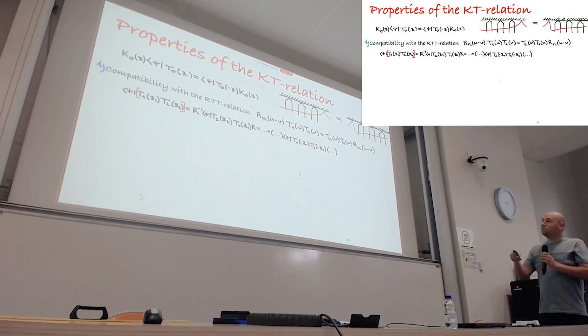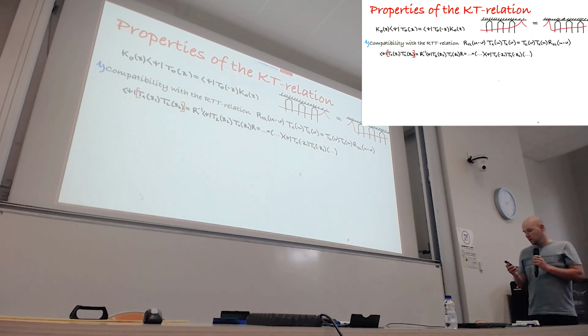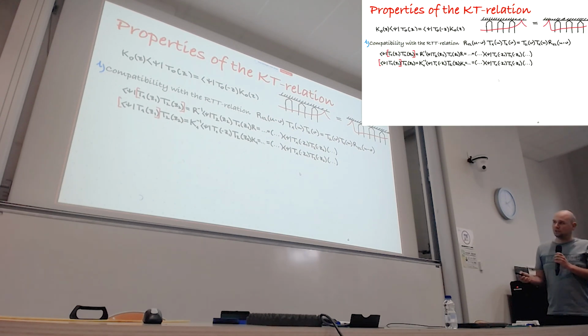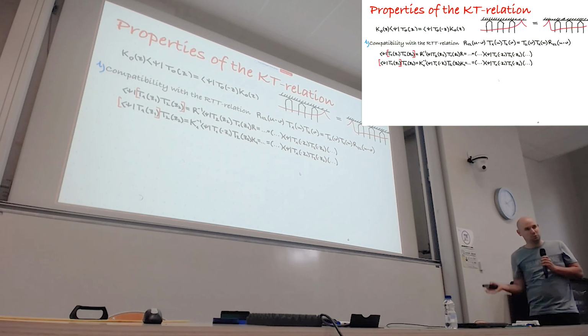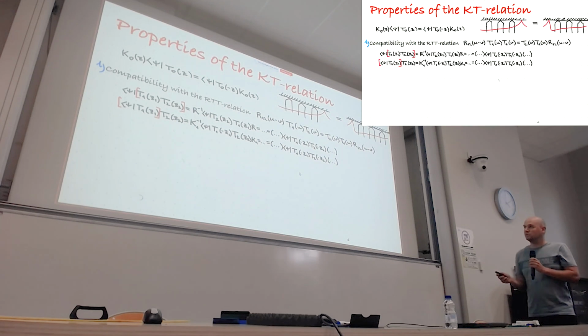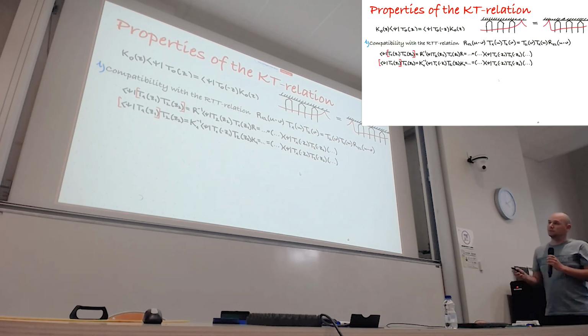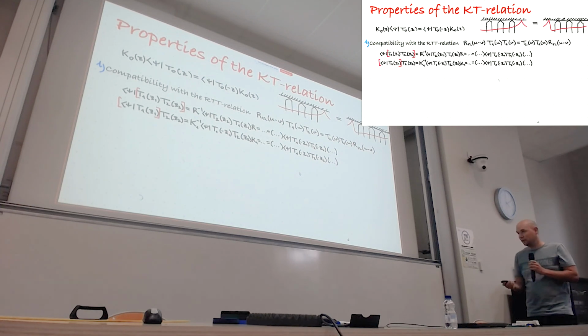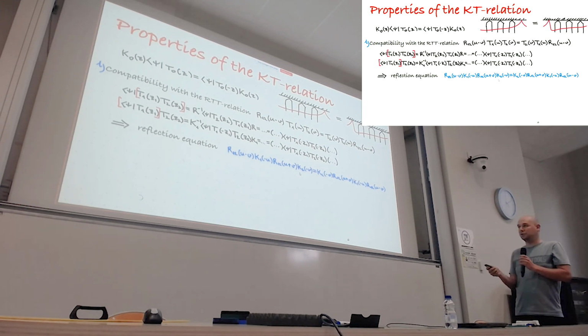But we can obtain this term in a different order, so at first, use the KT relation to change the sign of the z. After that, we use the RTT and the KT and the RTT. And we obtain a different expression with different coefficients, but these two expressions should be the same, and this is equivalent to the reflection equation.